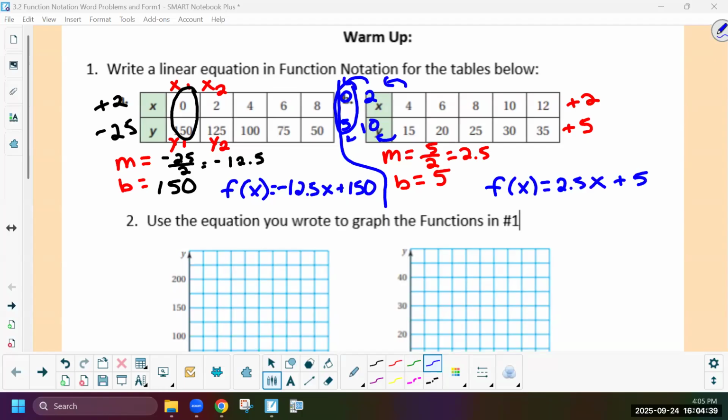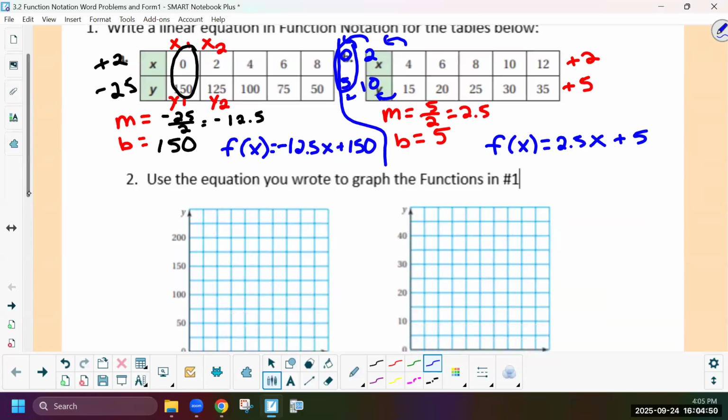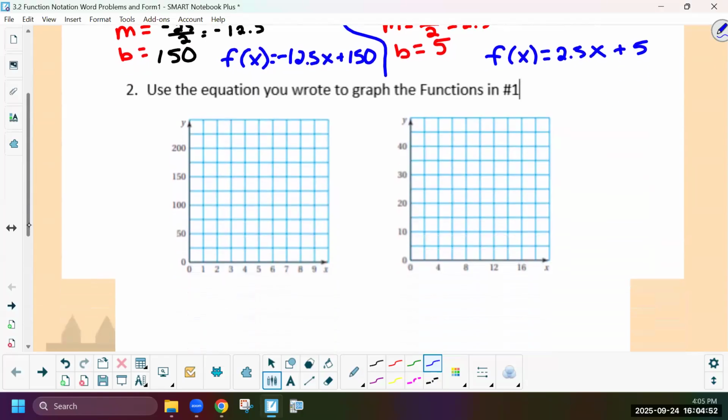So it's just like y equals mx plus b, but instead of y equals, we replace it with f of x. Okay, so then the bottom part of the warm-up has you guys graphing the 2 equations that we have in the top. So looking at the first one, my y-intercept is 150, so I can put my dot at 150 on the y-axis. And I'm going down 12.5 and over 1. Okay.